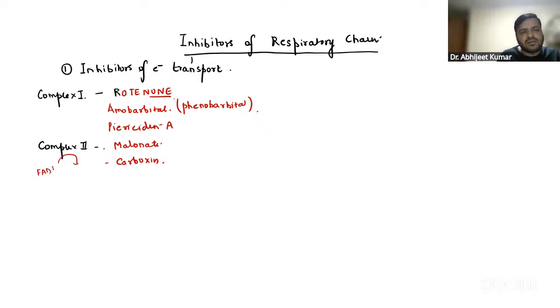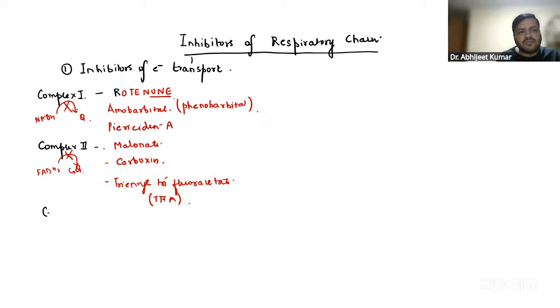FADH2 is basically changing into this Q, enzyme Q, so it is inhibited. In complex 1, NADH to Q is basically inhibited over here, right? We also have thenoyltrifluoroacetate, TTFA.